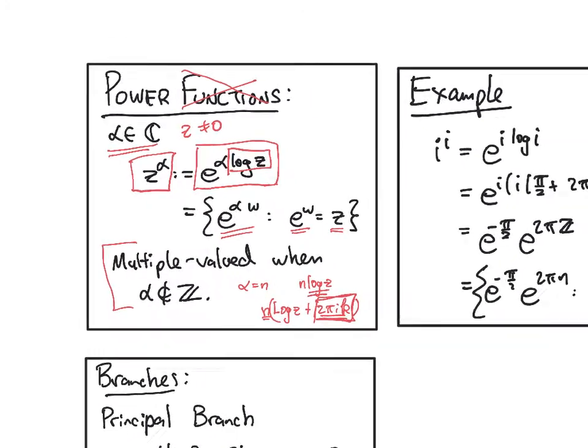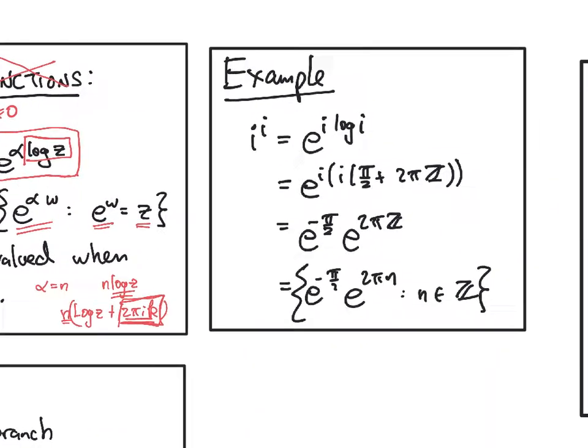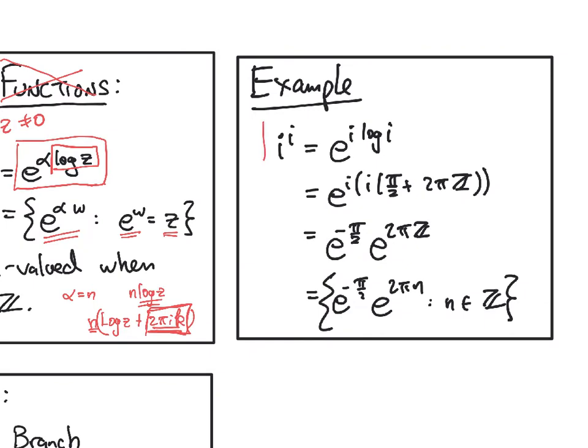It's interesting to do something a little silly, which is see what this means for computing something like i to the i. So the definition of this is e to the i times little log of i. And what is little log of i? Well, it's natural log of the modulus of i plus i times the argument of i.